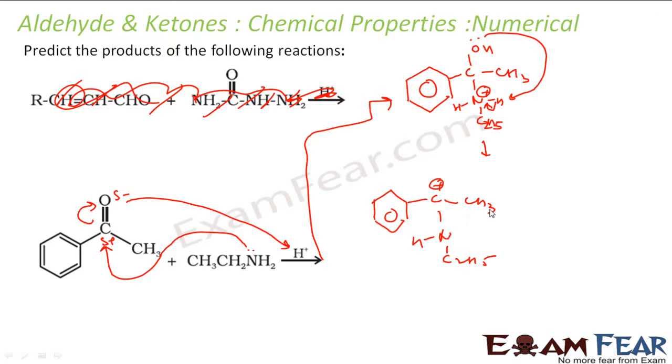So how it can do, it can either kick off this hydrogen or this hydrogen. So it will kick off this hydrogen, form a double bond with CN, and with that nitrogen will get negative charge, negative and positive will form a bond, so it will get this product. This is the product, C2H5.